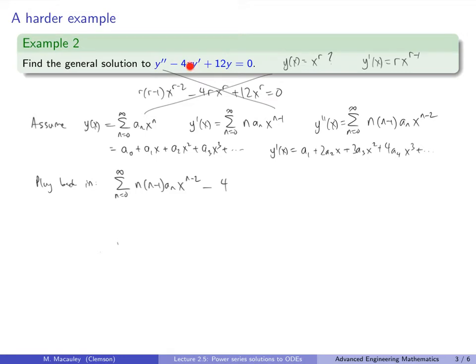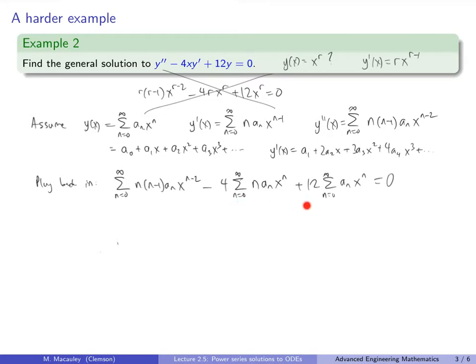And I'm going to take this x and stick it here, so this n-1 becomes an n. So this is 4 times the sum from 0 to infinity of n a_n x^n. Notice the n, not the n-1, because of this x here. And then plus 12y. So plus 12 times the sum from 0 to infinity of a_n x^n. Okay, so now what can we do?